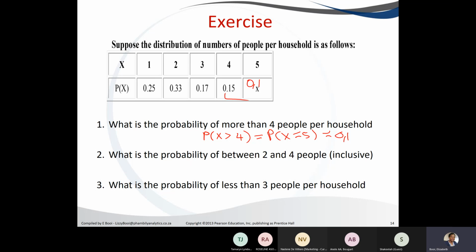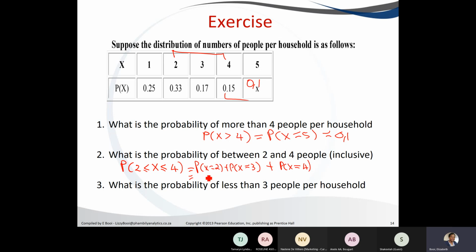The second one was asking what is the probability of between, and it's inclusive. So the probability that X is between 2 and 4 is the probability that X is equal to 2 plus the probability that X is equal to 3 plus the probability that X is equal to 4.